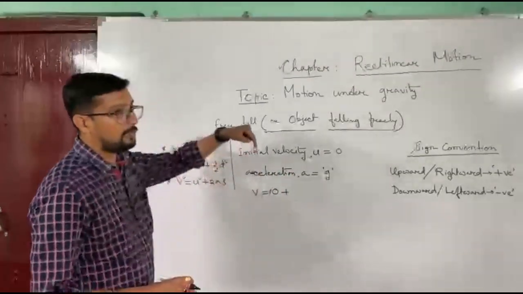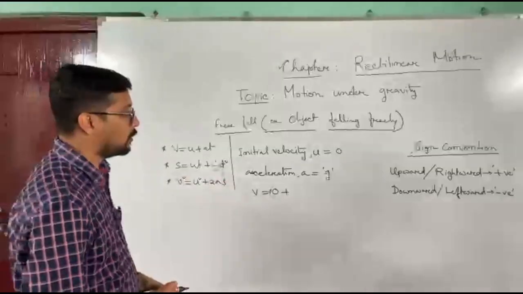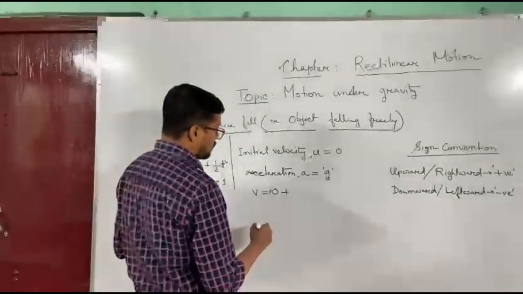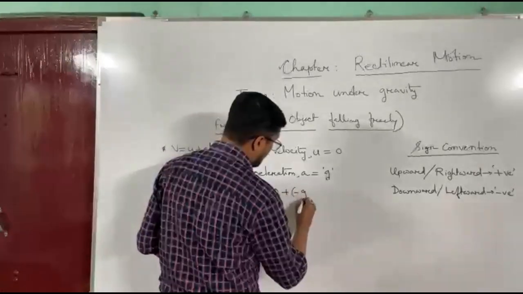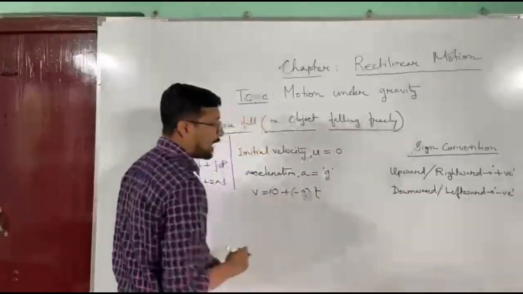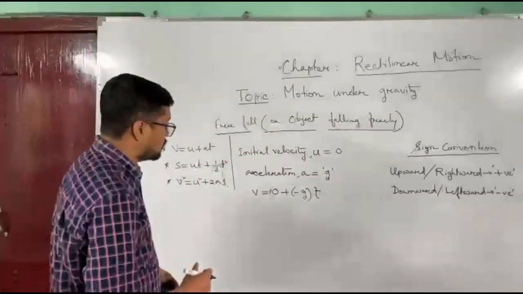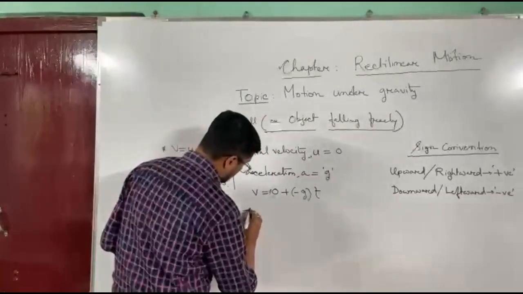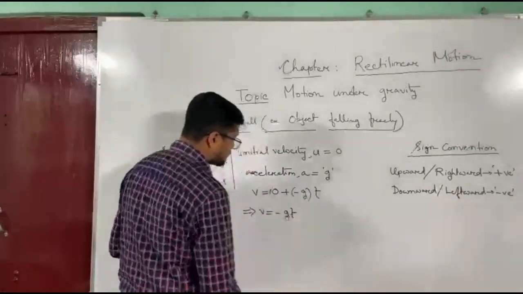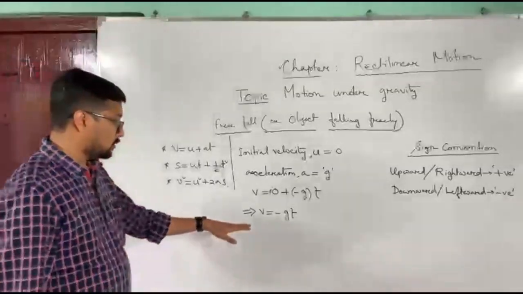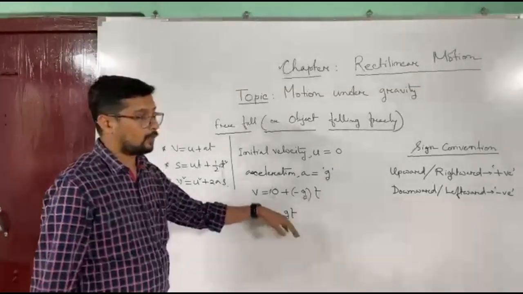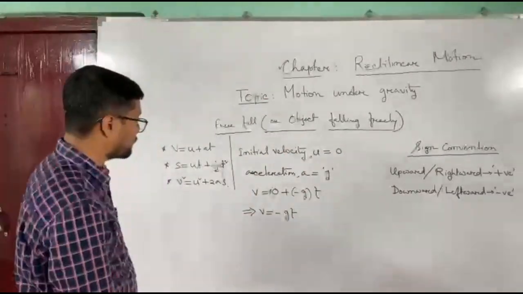As acceleration due to gravity is always towards the center of Earth, which is downward from our reference point of view, our acceleration due to gravity will become minus g into T. Time is a scalar quantity. So my equation will become V is equal to minus g T. My final velocity also will come as negative because the object is falling freely.